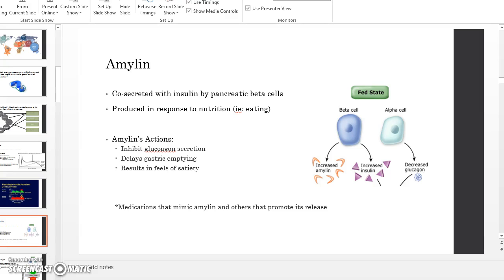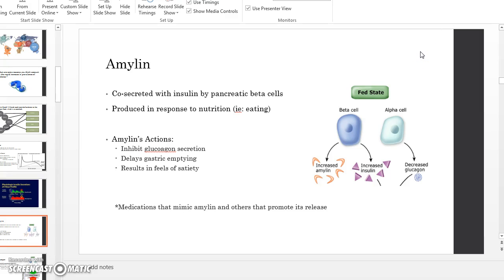Glucagon, as we'll talk about in a minute, kind of is the opposite of insulin, so they work antagonistically. The amylin helps to delay gastric emptying, which slows down your GI tract in order to allow the foods to be absorbed and for other hormones to take effect to regulate that insulin release.